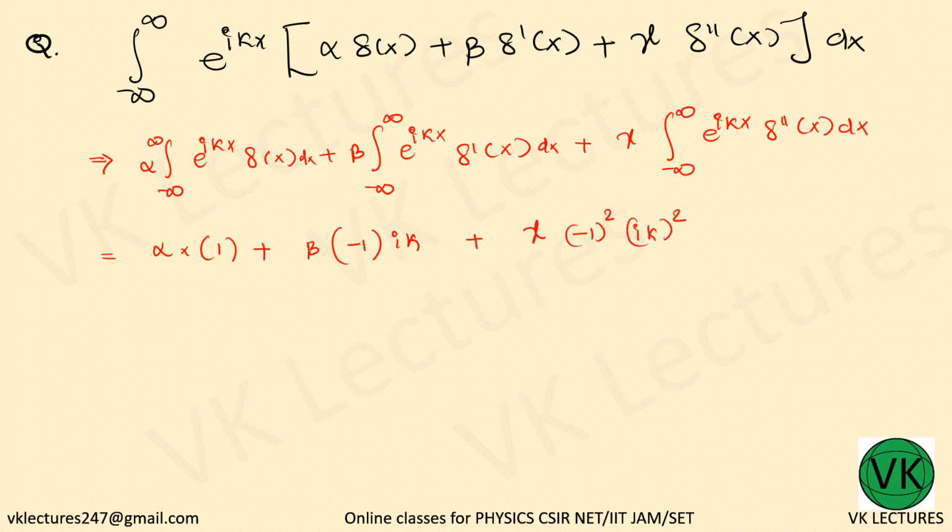So that is equal to alpha minus beta ik, that is minus i beta k, and ik squared means i squared, so minus 1, giving minus gamma k squared.